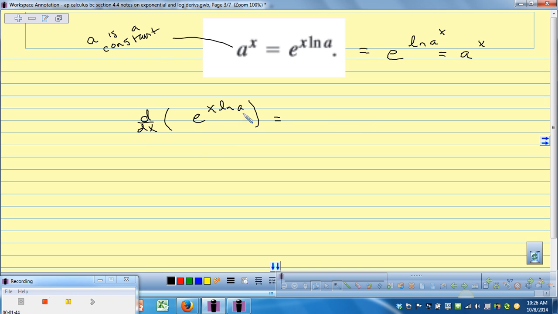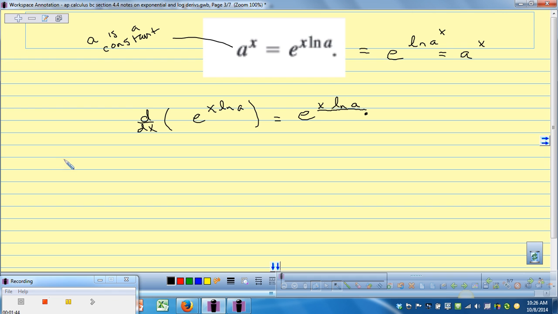Derivative of the outside, leaving the inside alone, becomes e to the x natural log of a times the derivative of the inside. A is a constant, so that means the natural log of a is a constant.